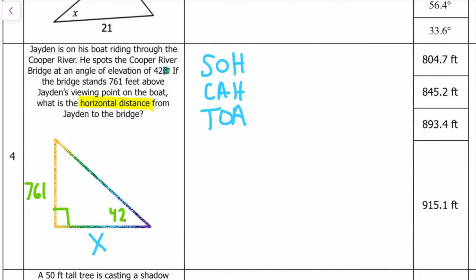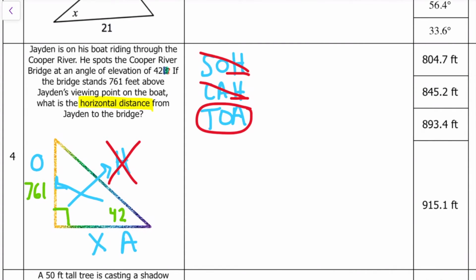Then our next step is to label the sides of the triangle corresponding to the angle. So the side opposite is 761, the side across from the right angle is the hypotenuse, and the last side is the adjacent side. We don't need anything with the hypotenuse, so we know we're not going to use sine or cosine, and we're using tangent again.